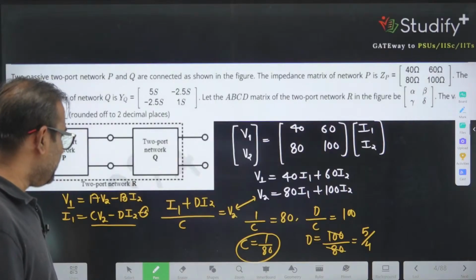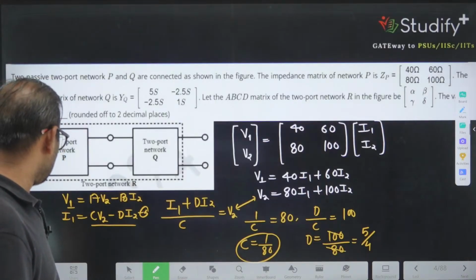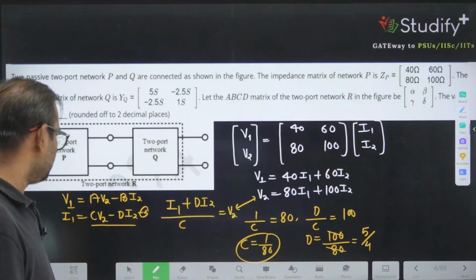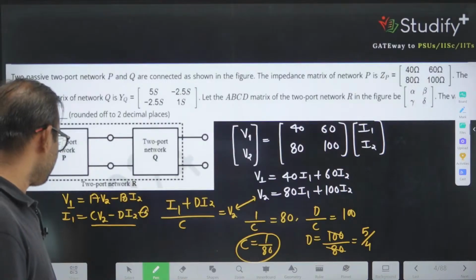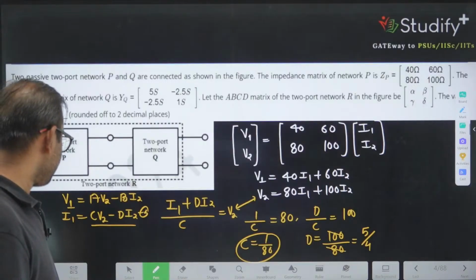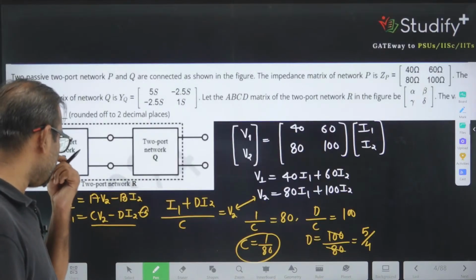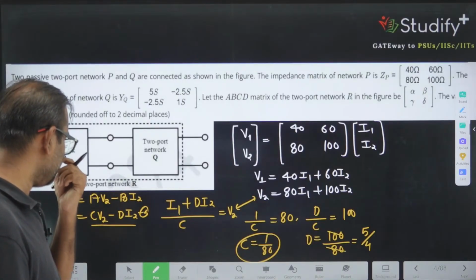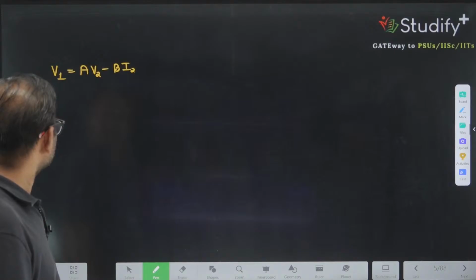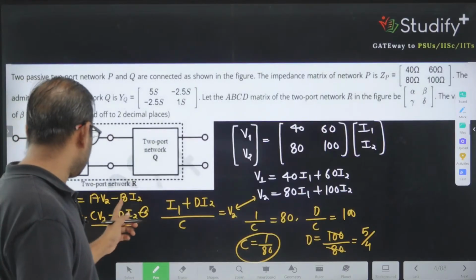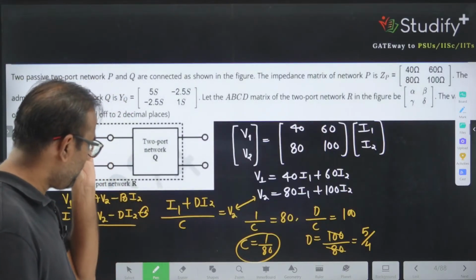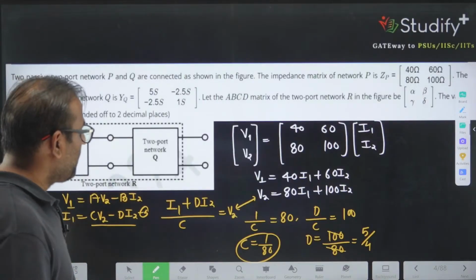D and C are known. V1 equal to A V2 minus B I2, and here also we have V1 equal to 40 I1 plus 60 I2.